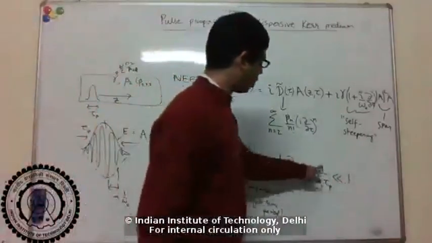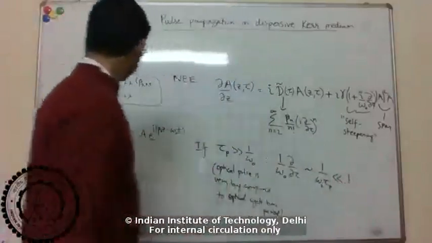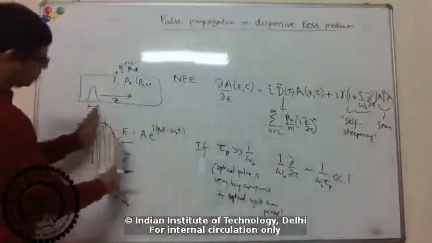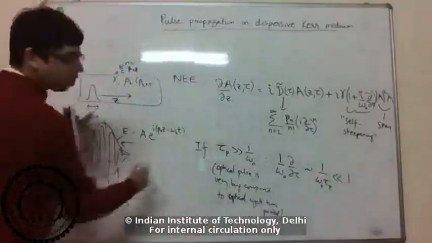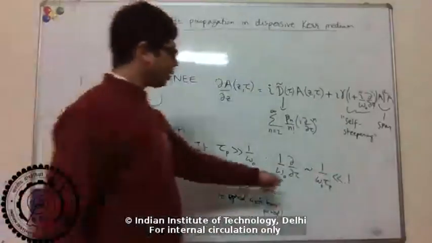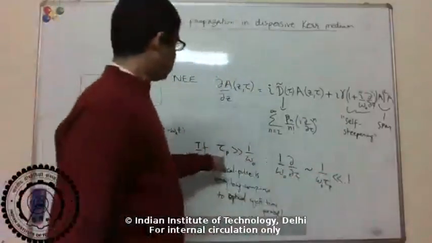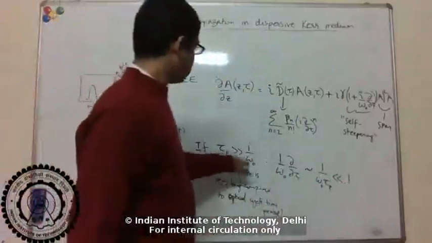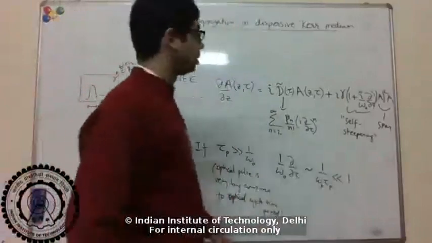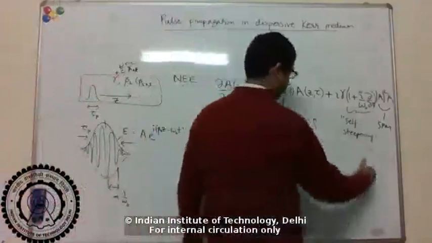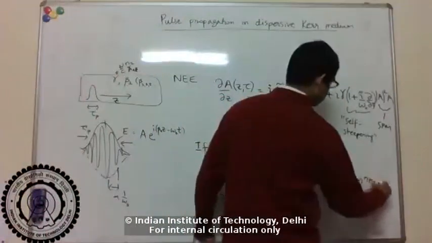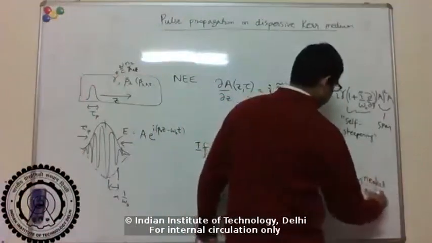So this derivative term will be of the order of 1 over the pulse width, because that's the slope. If I have a longer pulse width, then this will be smaller, right? And so by this approximation, 1 over omega naught tau p will be much less than 1, which means we can neglect the self-steepening.